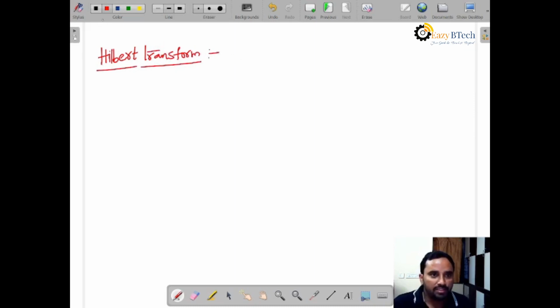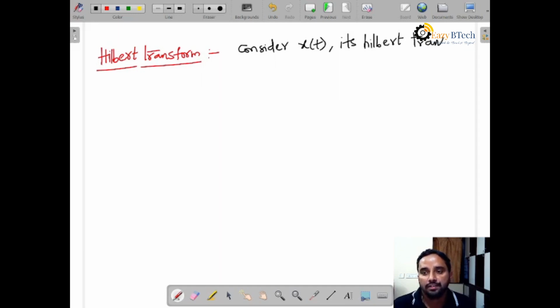So I am taking first a continuous time signal x of t. Consider a signal x of t. So its Hilbert transform is defined as x cap of t is equal to x of t convolution 1 by pi t.